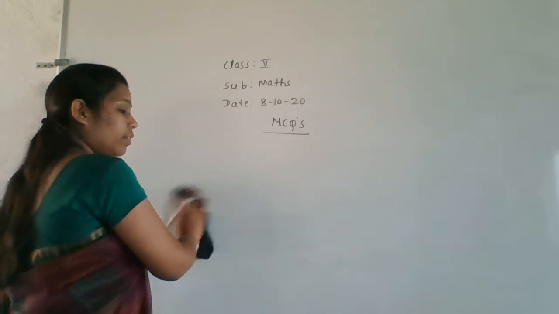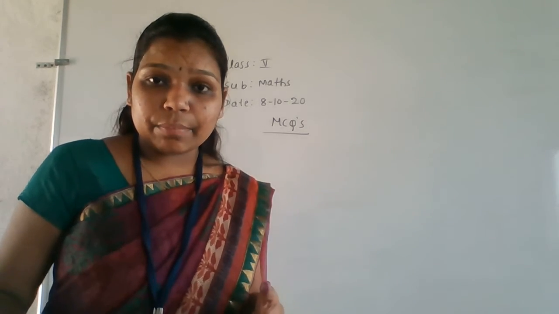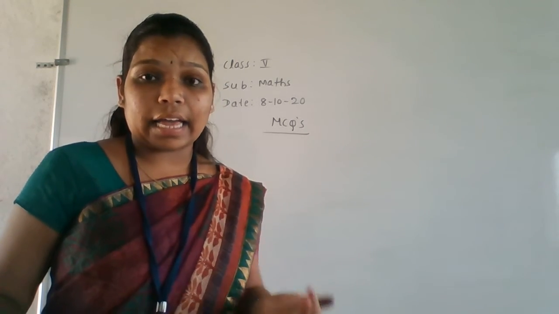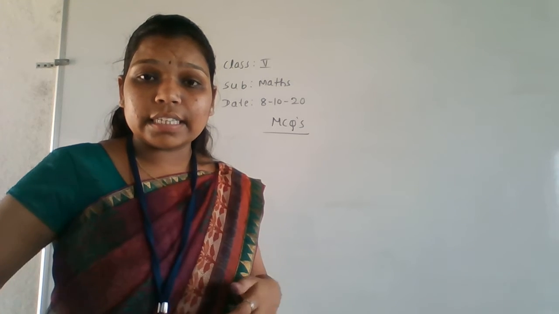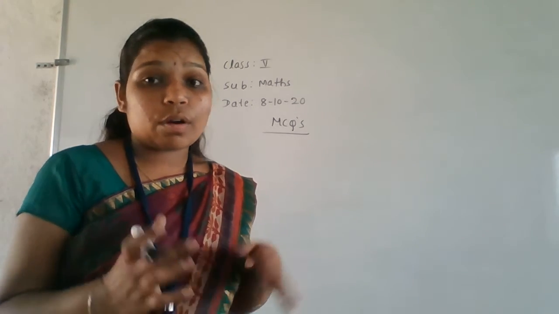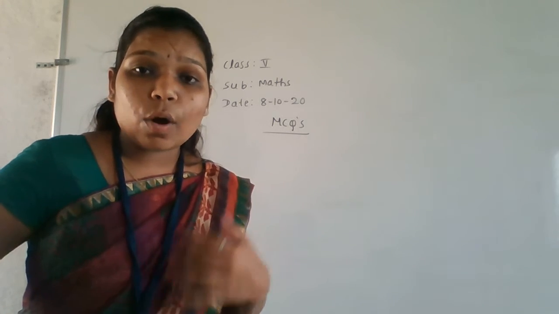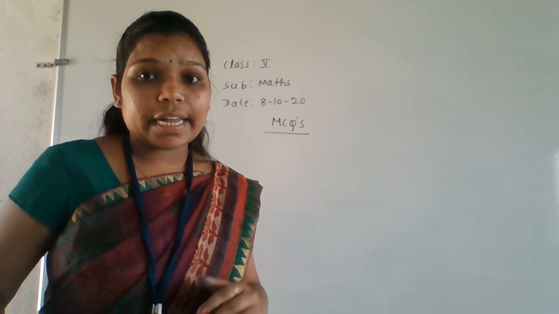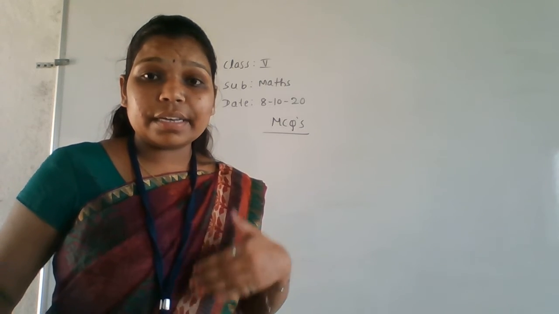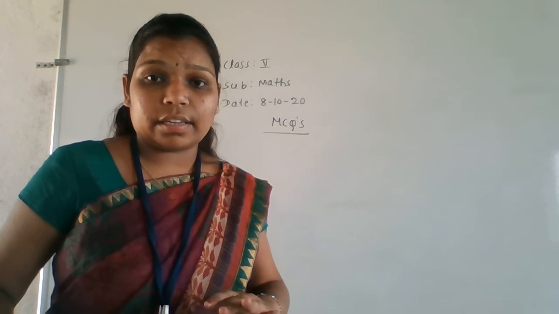The number which is greater than the given number by how much? 10 lakh. Exceeds means you have to extend the value, means it is increasing the value, not decreasing.